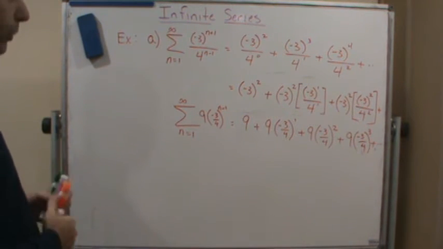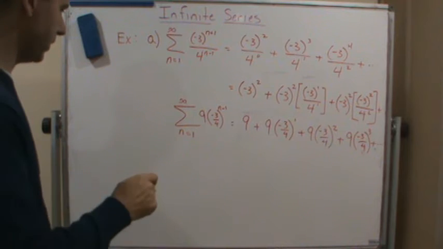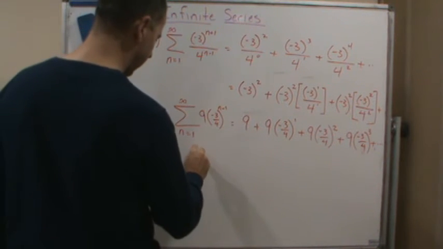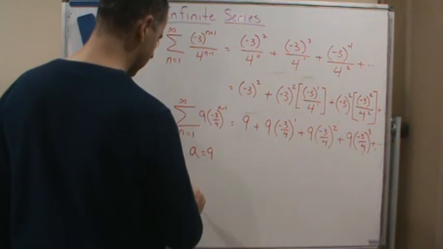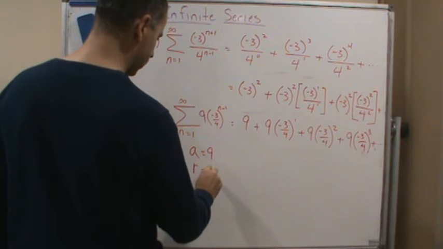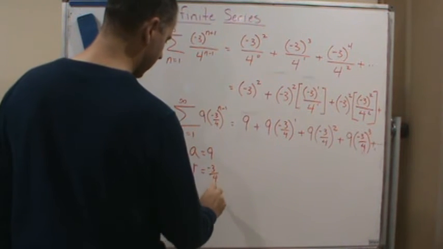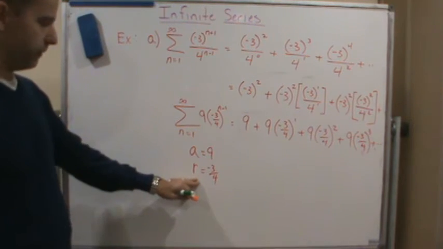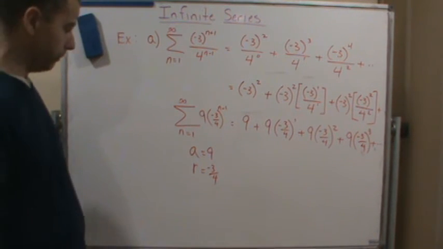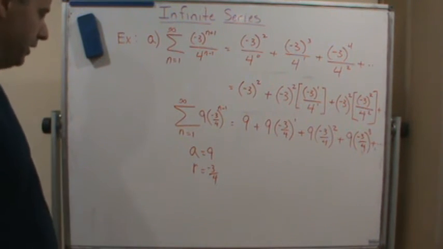And now we see that it is a geometric series where A is equal to 9 and R is equal to negative 3/4. We see that the absolute value of R is less than 1. So that means this series converges.